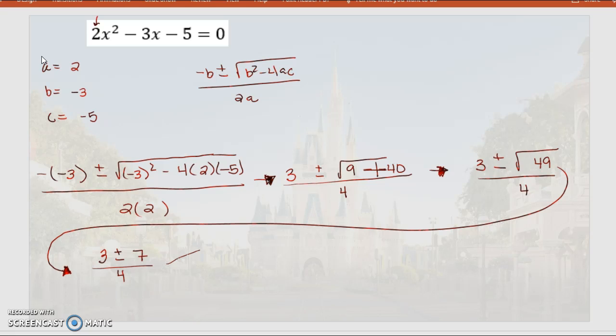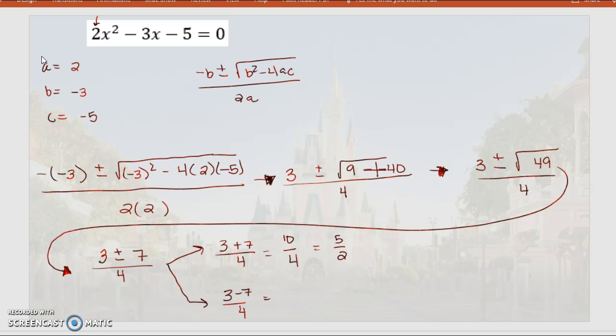If this is as simplified as it can get, let's go ahead and create two equations: 3 plus 7 over 4 and 3 minus 7 over 4. 3 plus 7 is 10 over 4, and I'm going to simplify that to 5 over 2. Please don't be afraid of fractions.